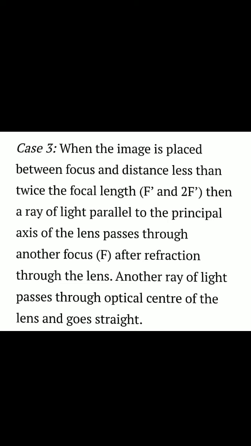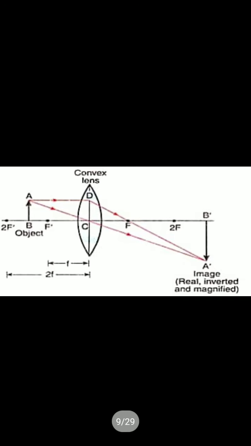So when the object is placed in between focus and twice of the focus, where is the image formed? Image is formed beyond the 2f on the other side of the lens, because this side is f dash to f dash. So the image is formed on the right hand side of the lens beyond the 2f, and the nature is real, inverted and magnified. Size is greater than the object.